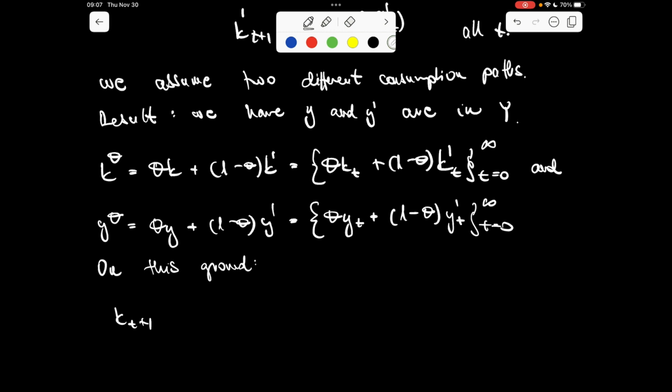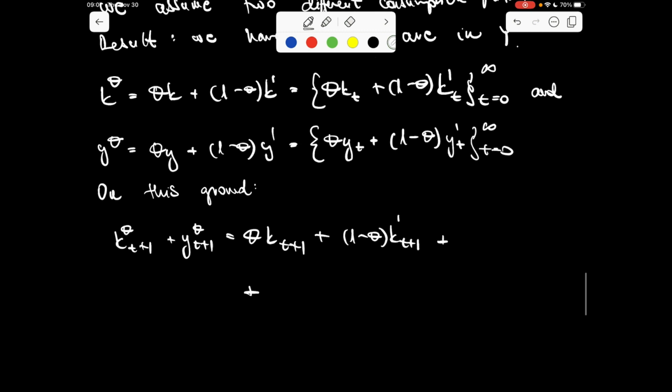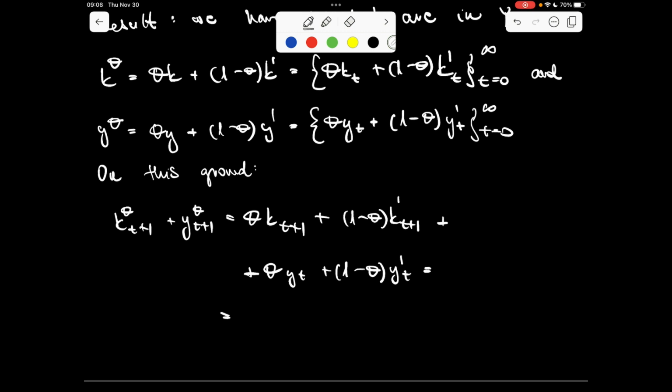If we add up these two convex combinations, we have, which means that here comes the trick.